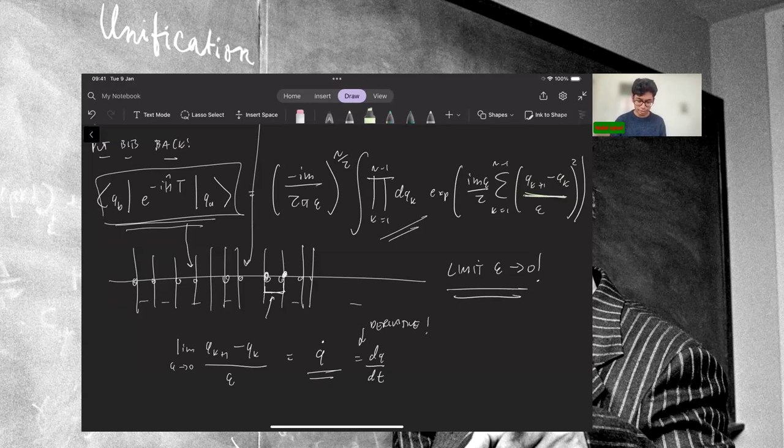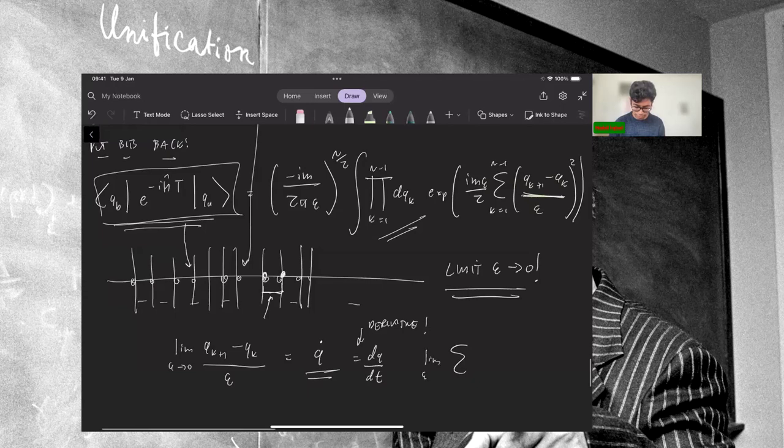And similarly, if you look at this sum over epsilon, this sum in the limit as epsilon goes to 0 is exactly the integral dt, right?